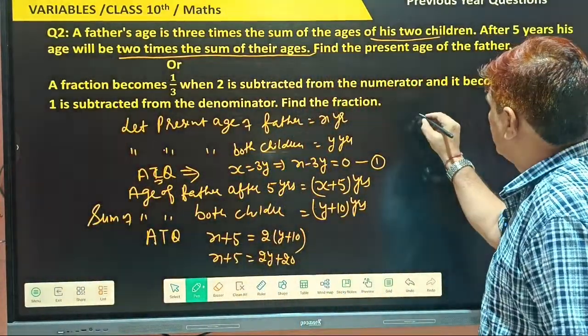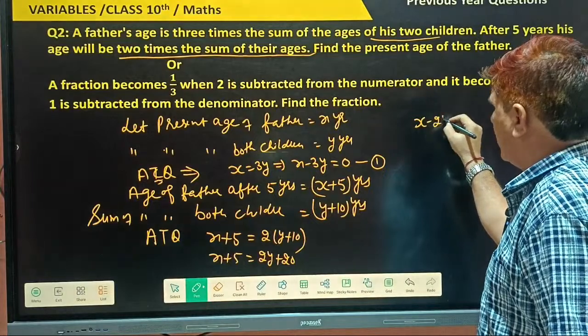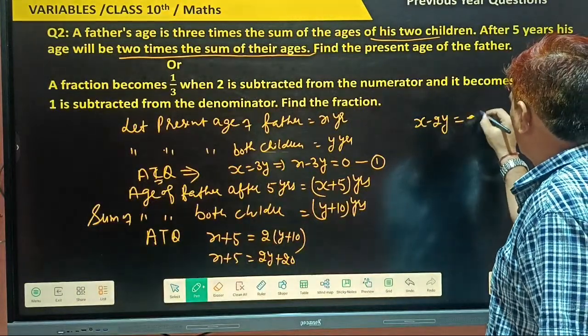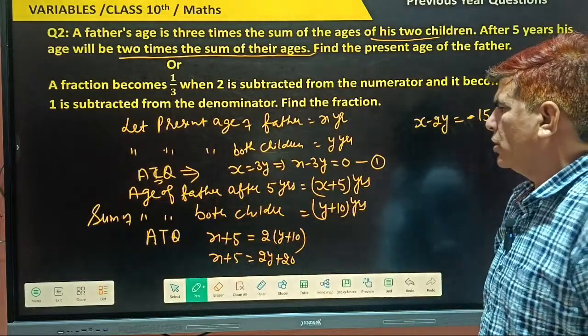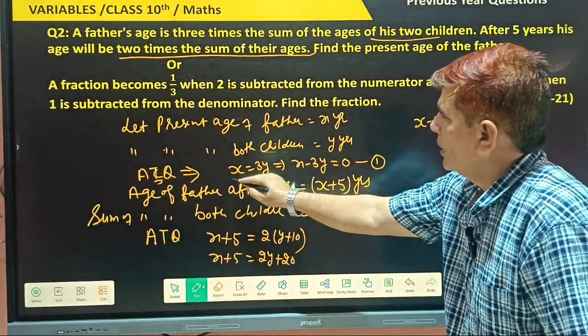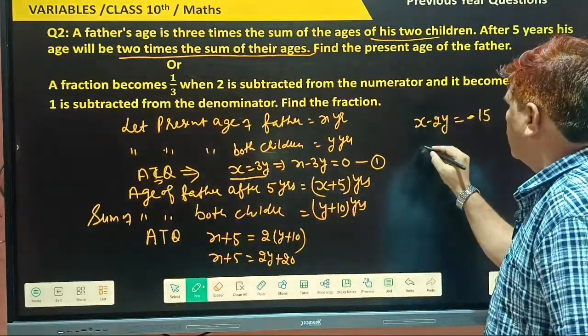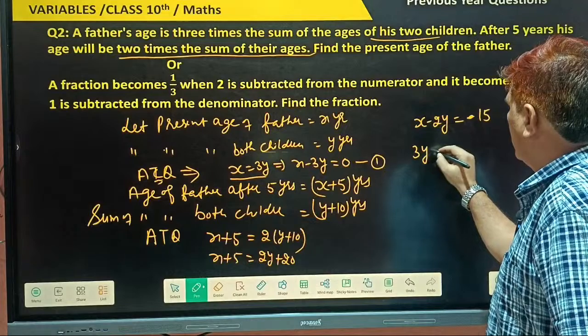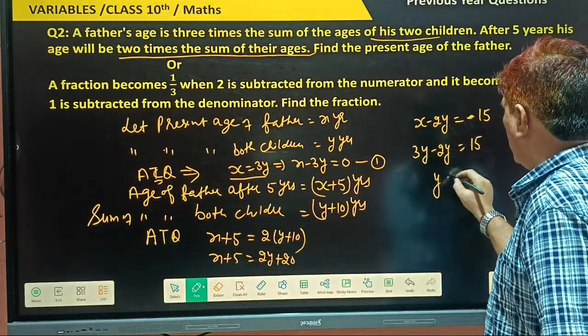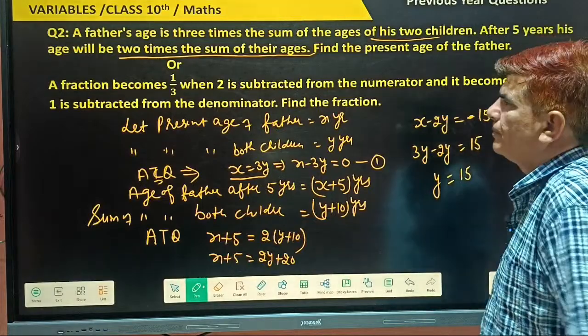What does it become? x minus 2y is equal to 15, that is 20 minus 5. And what's the value of this? Look here, x equal to 3y. So in place of x, we can write 3y minus 2y is equal to 15. So what's your y? y equal to 15.